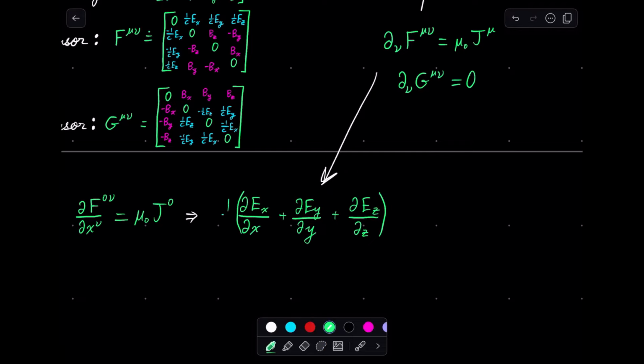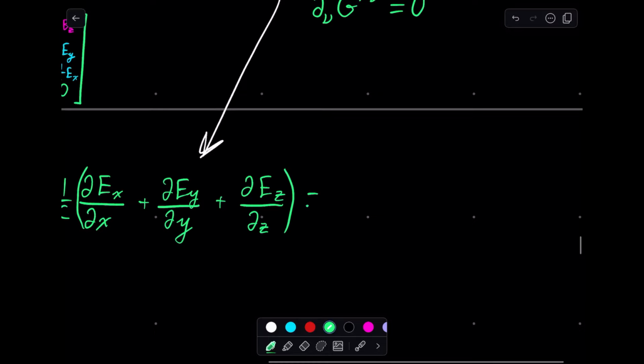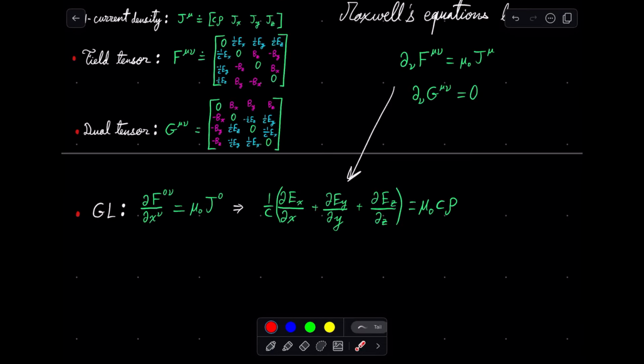You get a 1 over C. And this is because of the 1 over C up here. And this is equal to mu naught C rho, because the zeroth component of J is C rho.